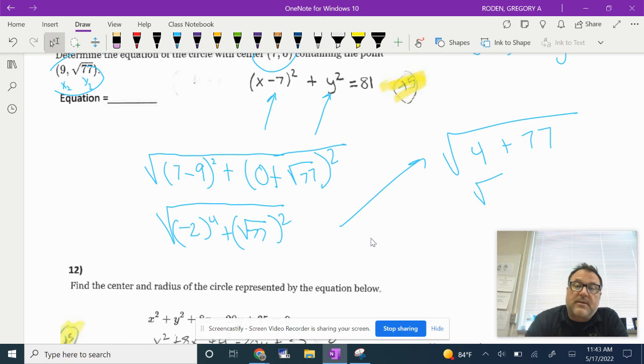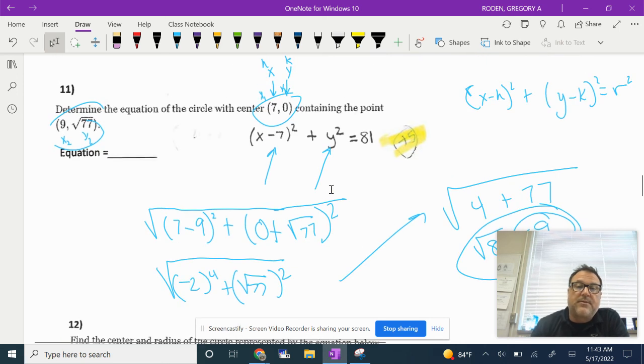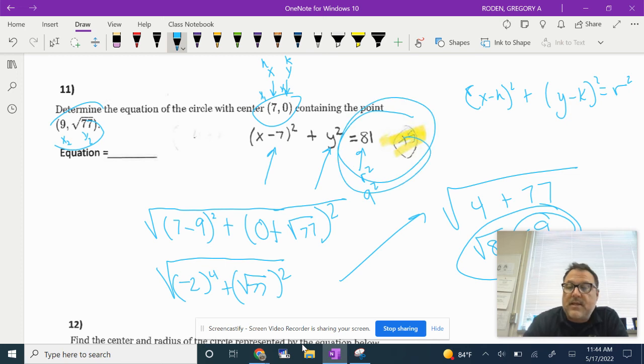Add those together, we get the square root of 81. Square root of 81 equals 9. So we know that r equals 9. So this is r squared. That's 9 squared, and that's how we get that 81. Some of you got these two things, but you didn't use the distance formula to get that. You had to use the distance formula there, guys.